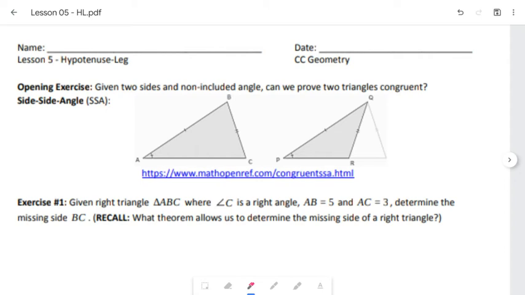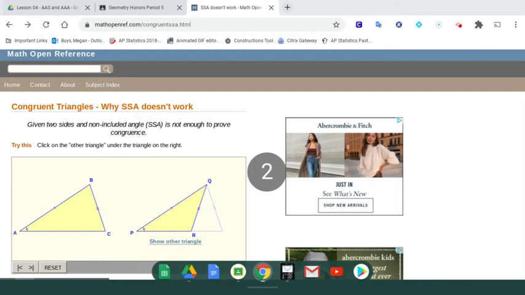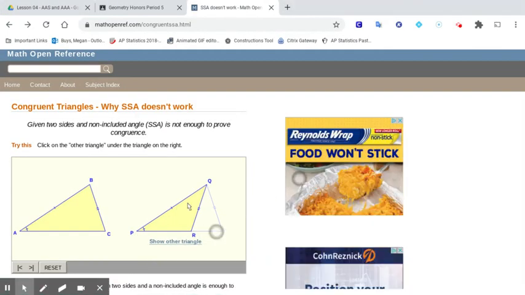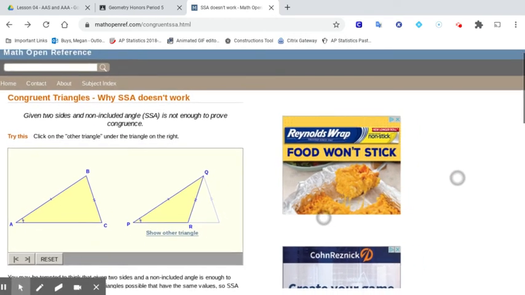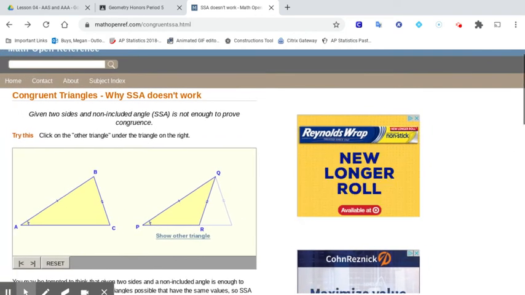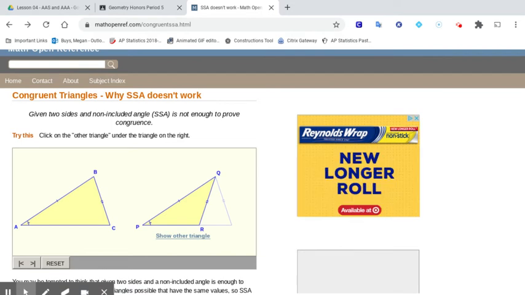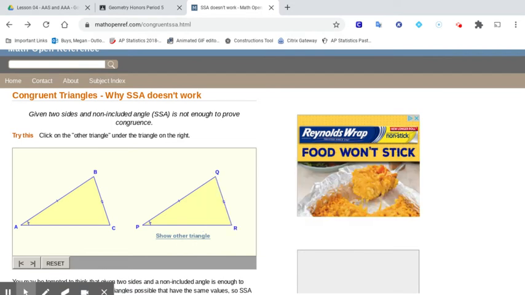And even though we know that's not something we want to do, we're just going to look at why. So we have this link from Math Open Ref, and we looked at it briefly in class. But here, if I pull this up, basically what I'm looking at is two triangles. I have the angle at A and P, the sides AB and BC to PQ and QR.